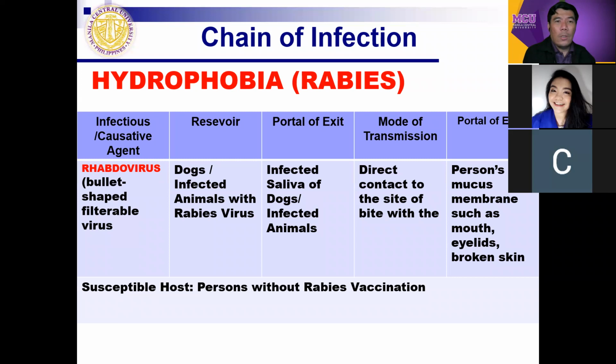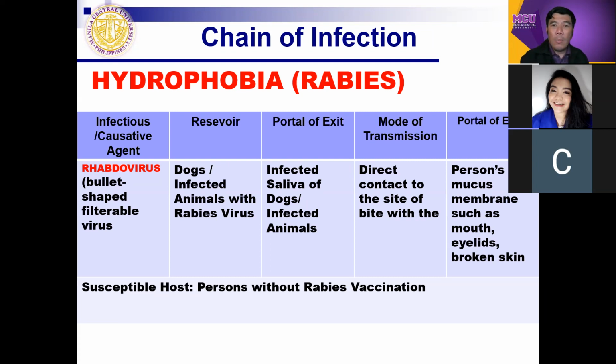So in this situation, let us apply the concept of the chain of infection to rabies. So the infectious and causative agent is rhabdovirus. Then the reservoir of the rhabdovirus are possibly dogs or infected animals. Then the portal of exit is infected saliva. From the infected saliva, mode of transmission is direct contact because yung site of bite is wound, direct sa skin.